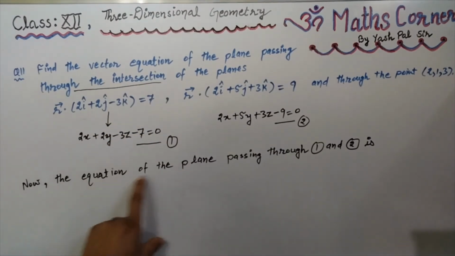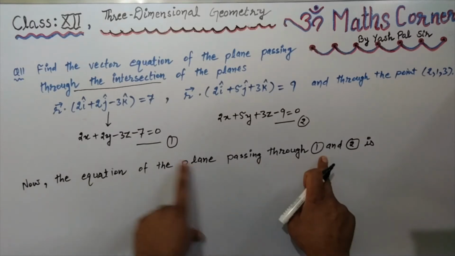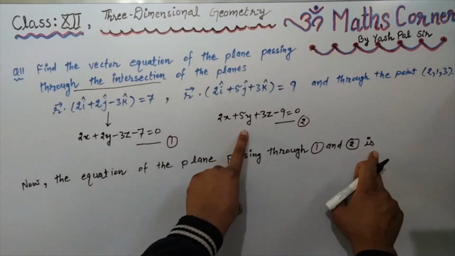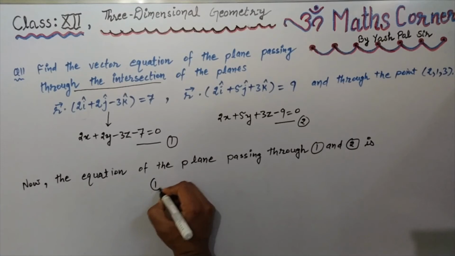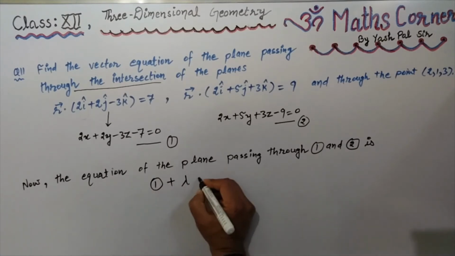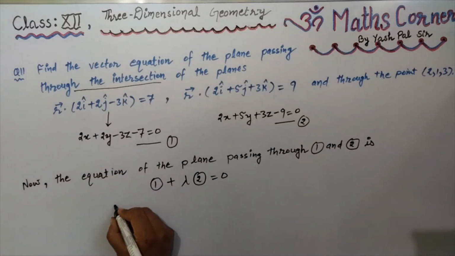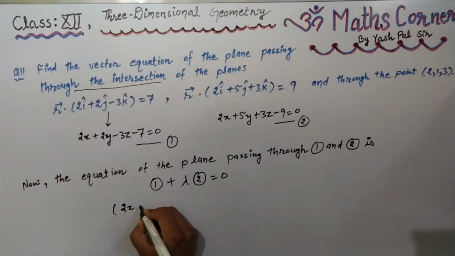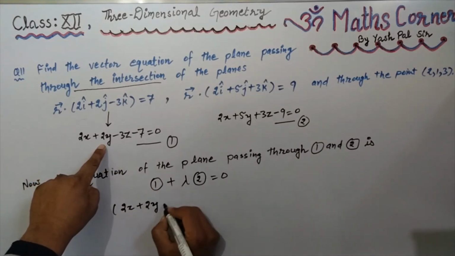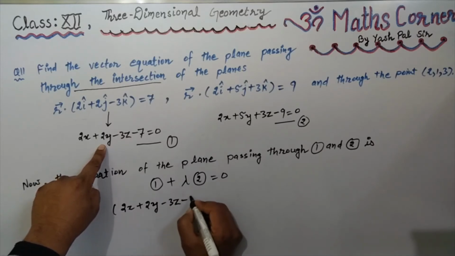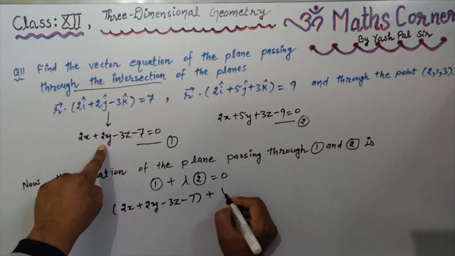This is plane number 2. Now the equation of the plane passing through the intersection of plane 1 and plane 2 is plane 1 plus lambda times plane 2 equals 0.